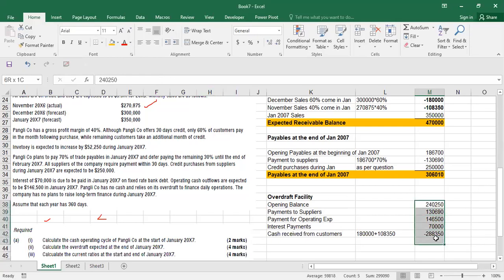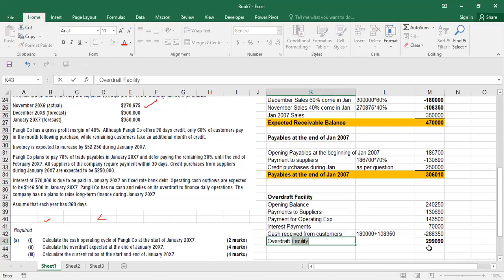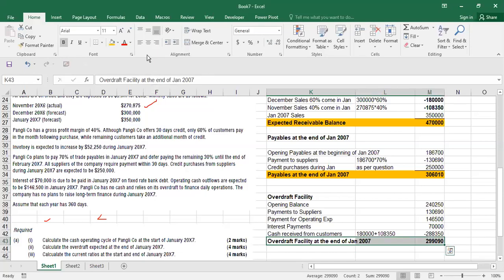You make a total and you get 299,090. So this is your overdraft facility at the end of January 2007. This number we needed.